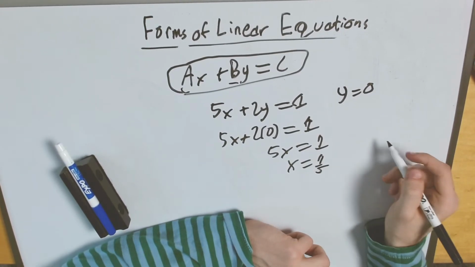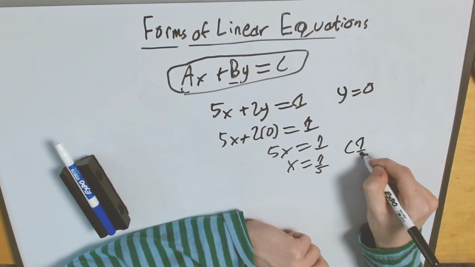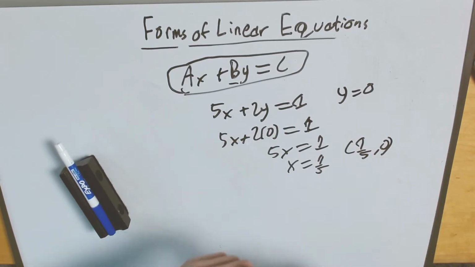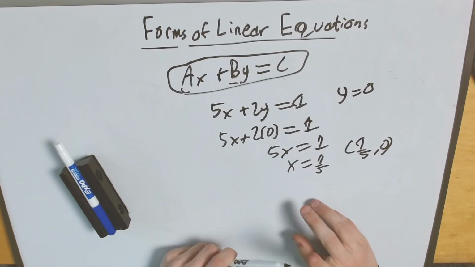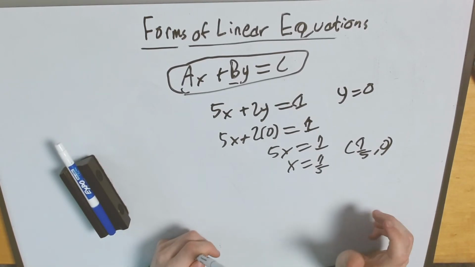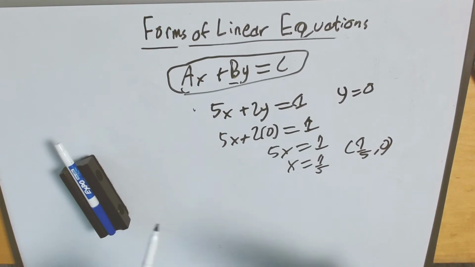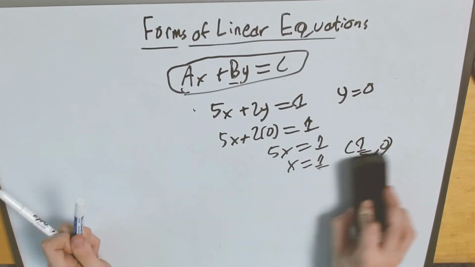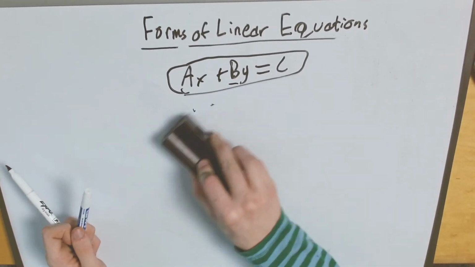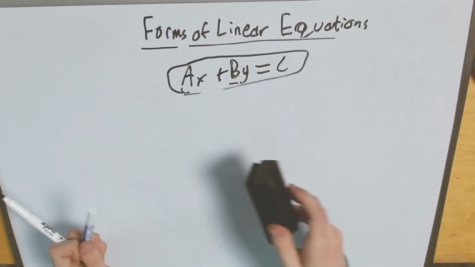So at the point (1/5, 0), I touch the x-axis. And that's where standard form shines, finding your x and y intercepts. Other than that, it's usually more useful to convert it into a different form, or to write the equation in a different form to start with if you're given slopes or other values.